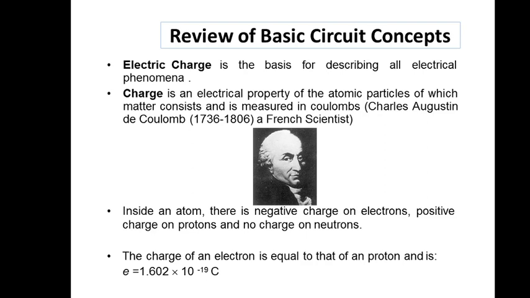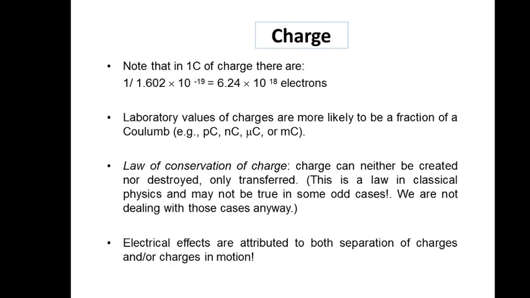How many electrons are there in 1 coulomb? If we take the reverse of that value, 1 C of charge is 1 over 1.602 into 10 power minus 19, so 6.24 into 10 power 18 electrons. This many electrons are there for 1 coulomb of charge.